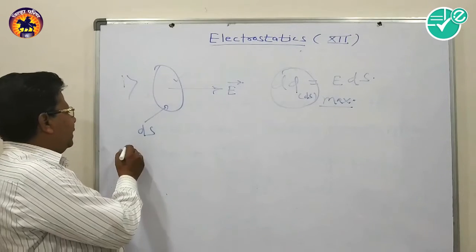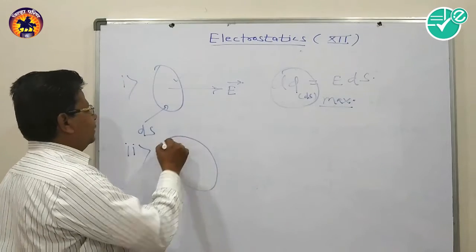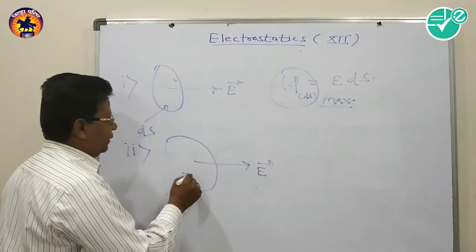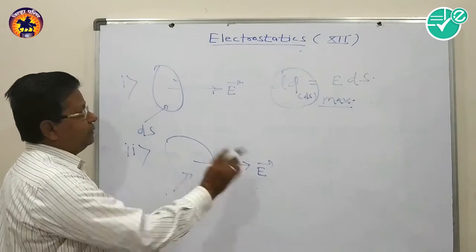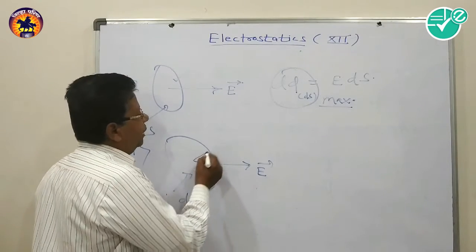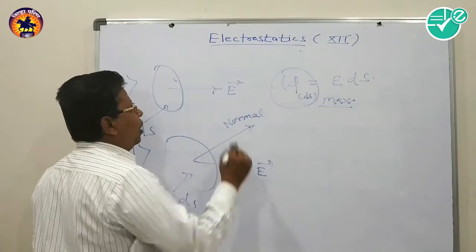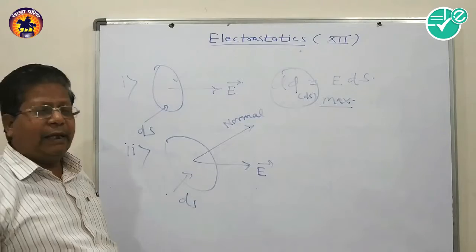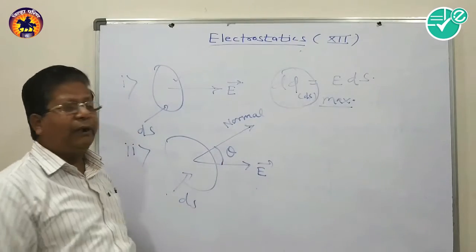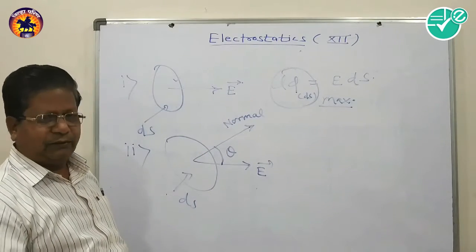Now second case, when this area ds is not perpendicular to the direction of electric intensity, or ds and E are not perpendicular, then we have to draw a normal to this area ds. If we draw a normal to area ds, then theta is the angle between electric field intensity and the normal drawn to the area ds.